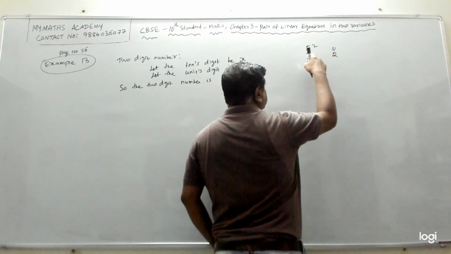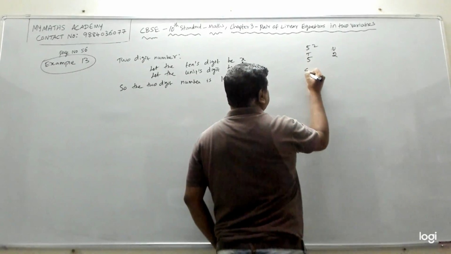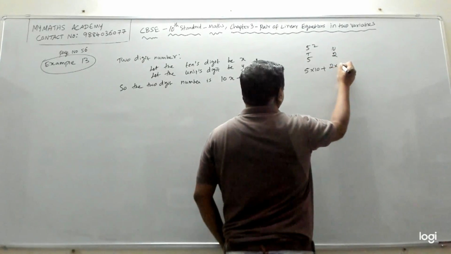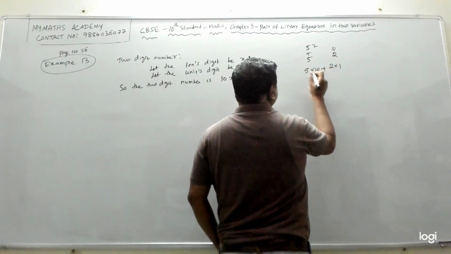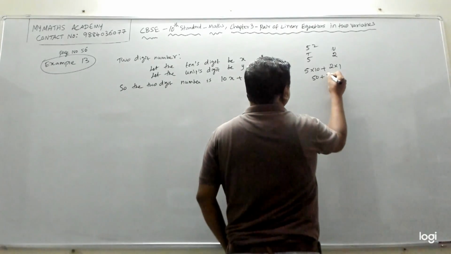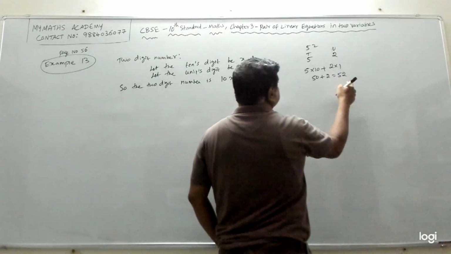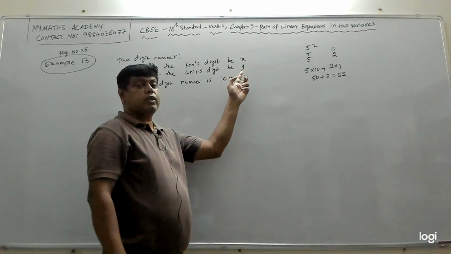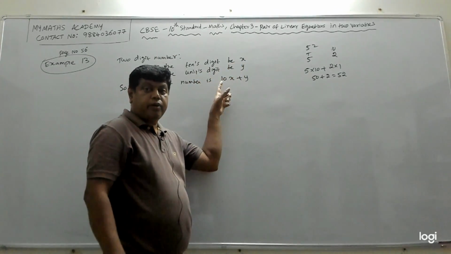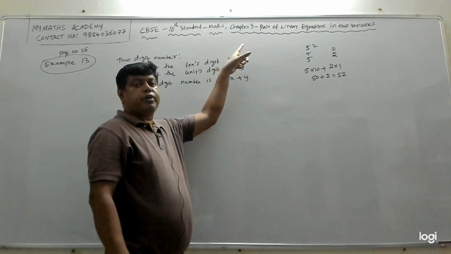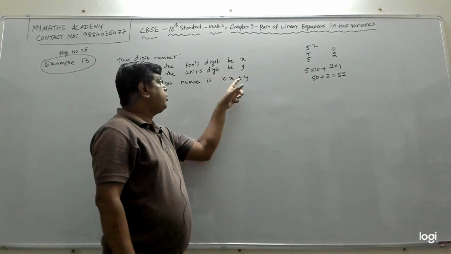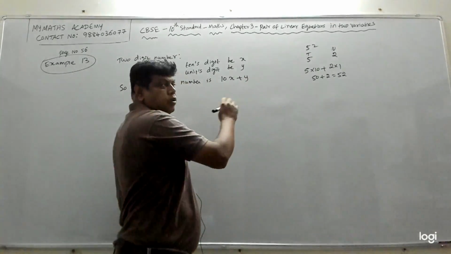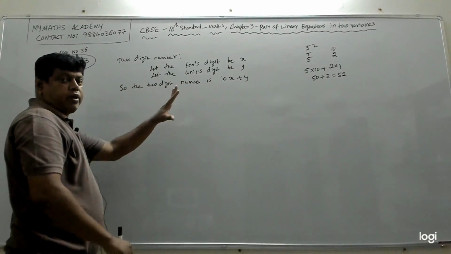If the tens place is 5, then it is 5 into 10 plus ones place 2 into 1, which means you get 50 plus 2, which is 52. So whenever the tens place is x and the ones place is y, the number will be 10 into the tens place plus 1 into the ones place, 1 into y, which is y. So I'm just writing y. You have to write this.